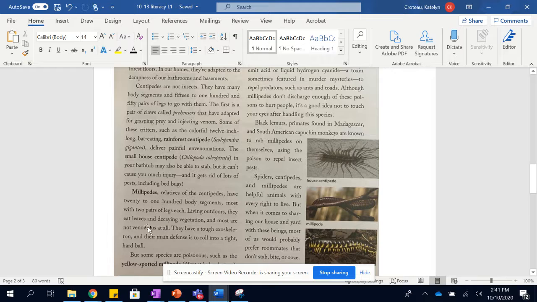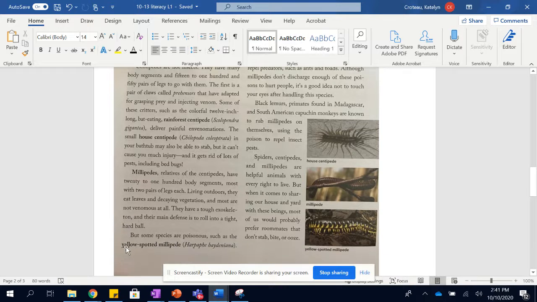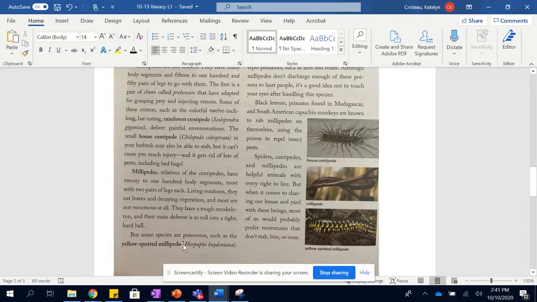Living outdoors, they eat leaves and decaying vegetation, and most are not venomous at all. They have tough exoskeletons, and their main defense is to roll into a tight, hard ball. But some species are poisonous, such as the yellow-spotted millipede, Harpaphe haydeniana.